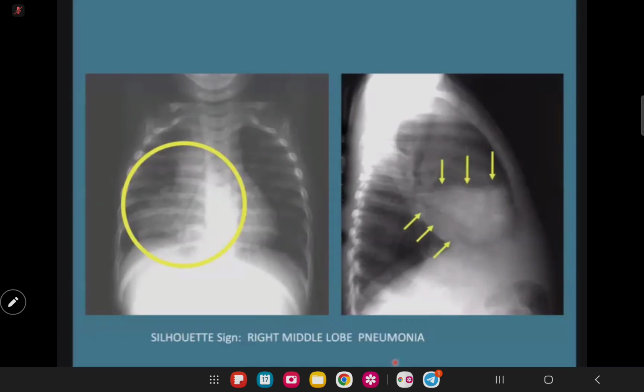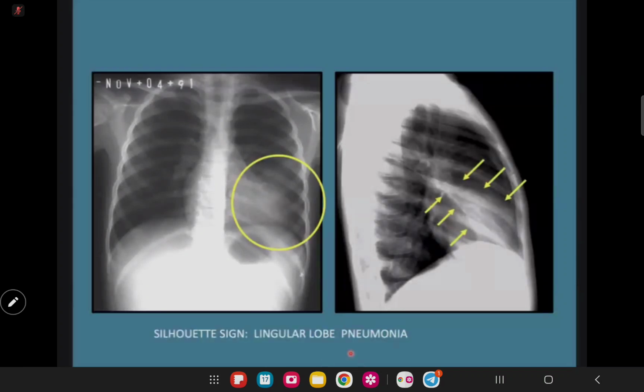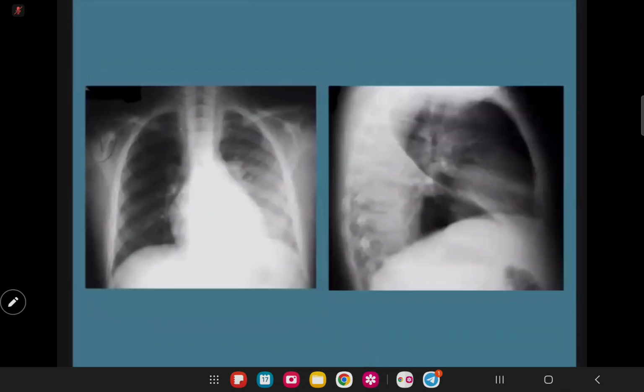This one. Obscured left cardiac border. Left lower? Left. Remember, left lower. Probably, Doc. Okay, lingular is your pneumonia. Good. This one.